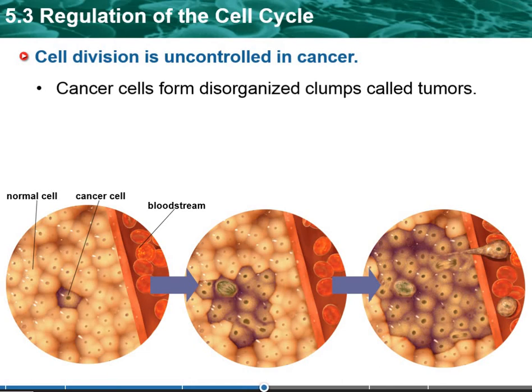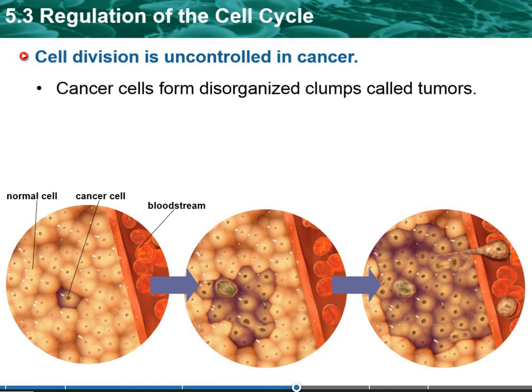So when we look at this, you've got down below a normal cell, and then there's a cancer cell. So the cancer cell is going to start rapidly dividing and not really care and start making copies of itself when it shouldn't. And you can see that it's going to continue to do that, and eventually it will affect other cells around it.